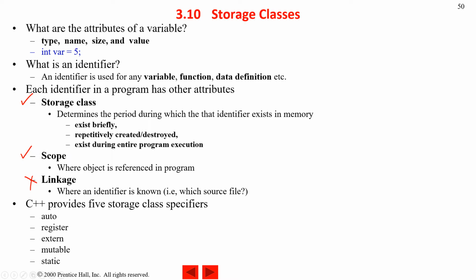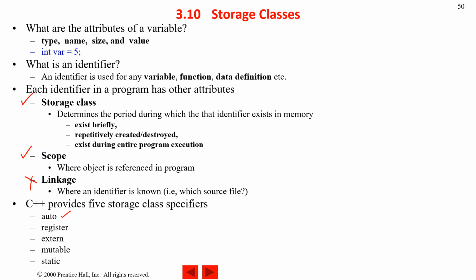As I said, there are 5 different types: the auto, the register, the extern, the mutable, and static. Normal variables that we have defined so far inside the scope of main are auto variables. Variables inside a loop, variables inside a function, all the variables that we have been using are auto variables.